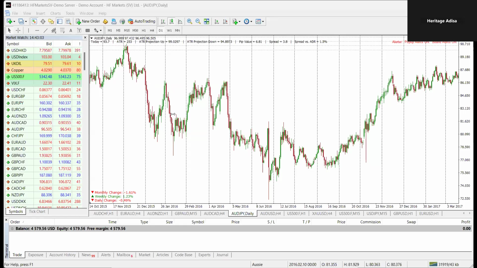The idea behind analysis is not to eliminate the possibility of taking a loss in the market. You can't eliminate that. You're a speculator. Losses are always going to be a part of what you're doing. But it helps reduce the probability of it occurring.